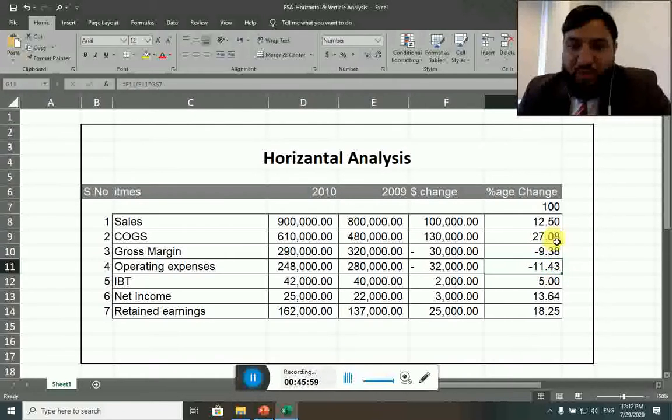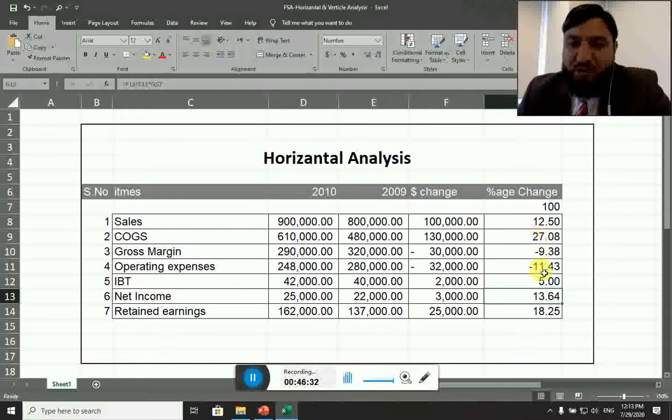So our cost of goods sold has increased by 27.08%, but we had to cover that with the operating expenses. So somehow we have covered that by 11%. We managed to decrease our operating expenses, due to which we are still in a good increase of the net profit as compared to 2009.